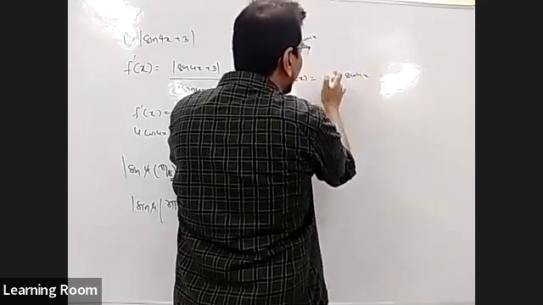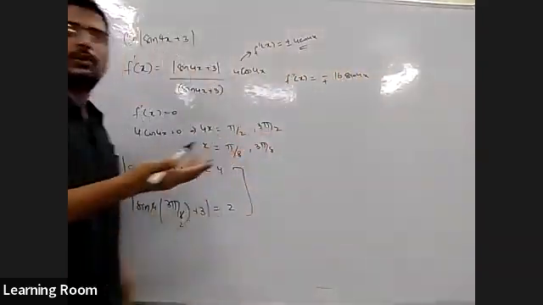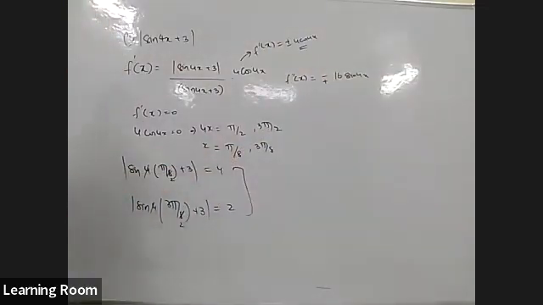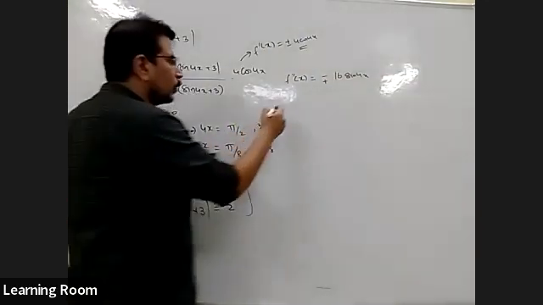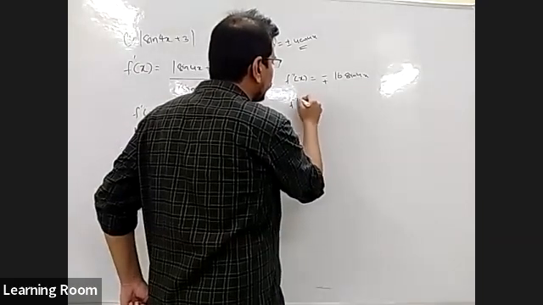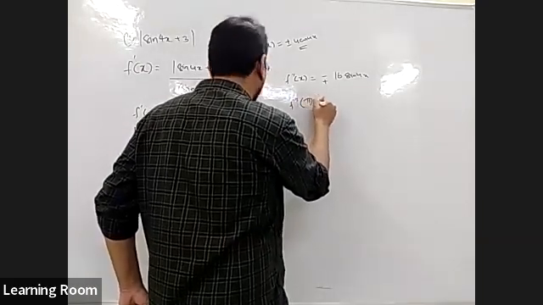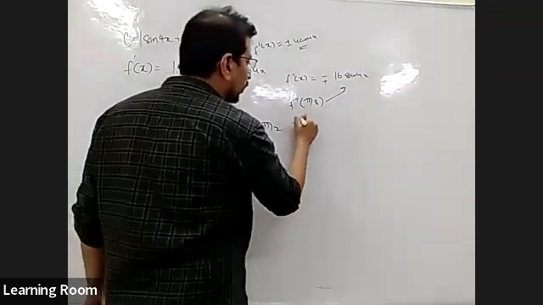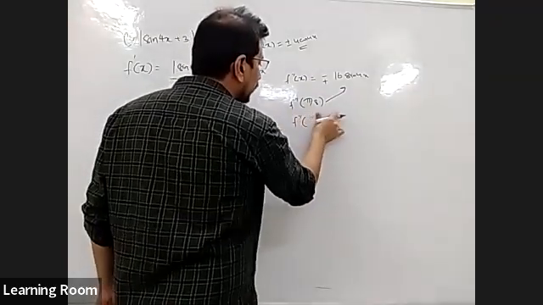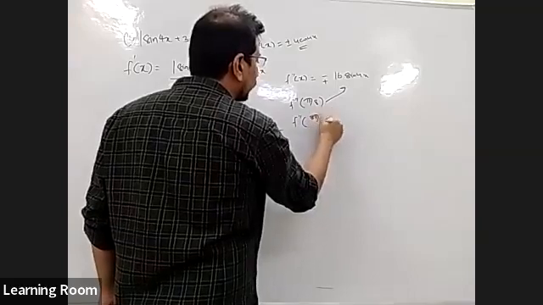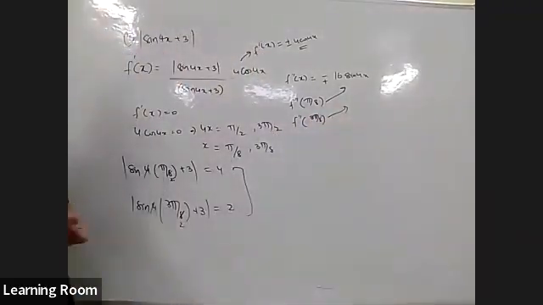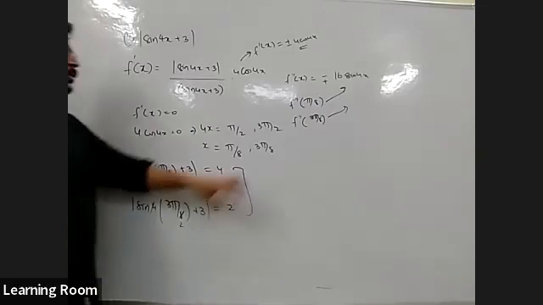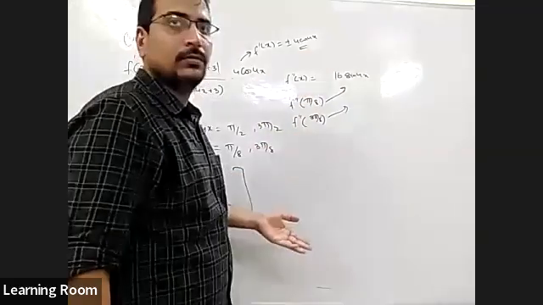Actually, plus or minus will become minus or plus because of the derivative of cos, but it doesn't make any difference. Now you can check f double dash of pi by 8 and f double dash of 3 pi by 8 by substituting the value here. Then you can find out which one is greater than 0 and which is less than 0. That will tell you the answer.